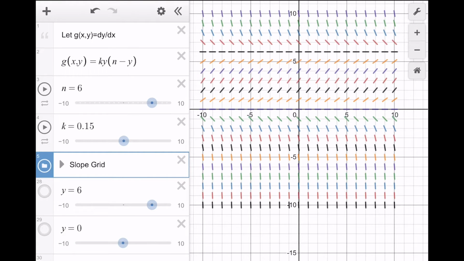Popping back over to Desmos to take a look at our direction field, in this case we saw that 0 and 6 were the critical points, and that means that the horizontal lines y equals 6 and y equals 0 are both solutions to this differential equation. And indeed, they conform trivially to the slopes that are in the direction field here.